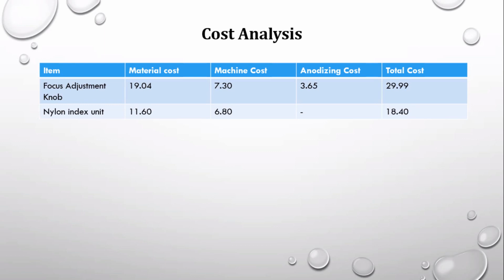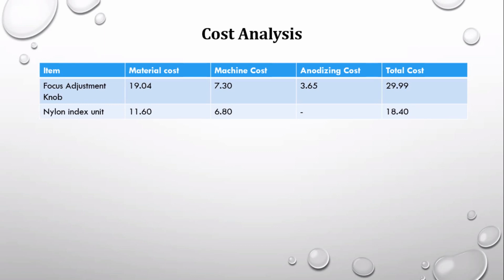Now they are going to change it to nylon indexing unit, so that the material cost is reducing to 11.6 and the machine cost is reducing to 6.80, and there is no anodizing cost, so that the total cost comes down to 18.4. Okay, so you can see how much of reduction from 29.99 to 18.4. Okay, so that is per unit cost saving.